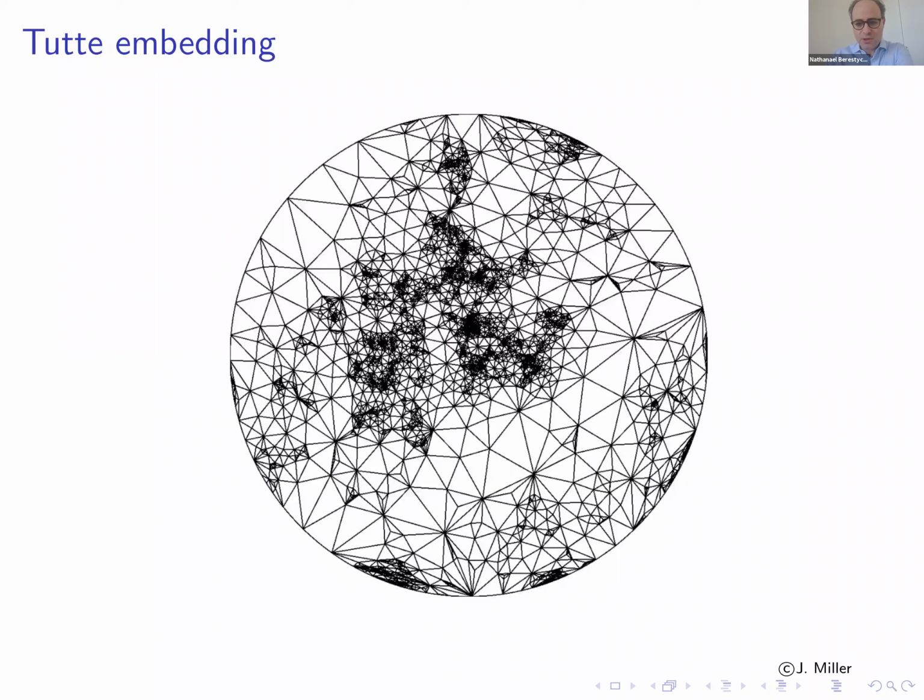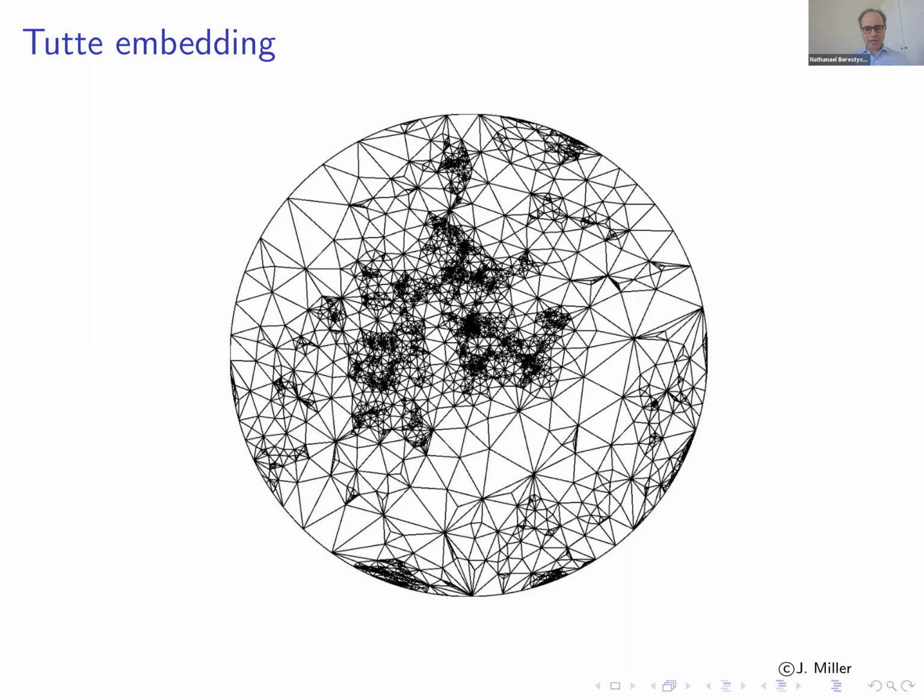So what is the Tutte embedding of a planar map with a boundary? It's just a drawing of your map in such a way that random walk on your planar map will by definition be a martingale. In other words, you draw your graph in such a way that every vertex has a position which is the average of the position of the neighbors.